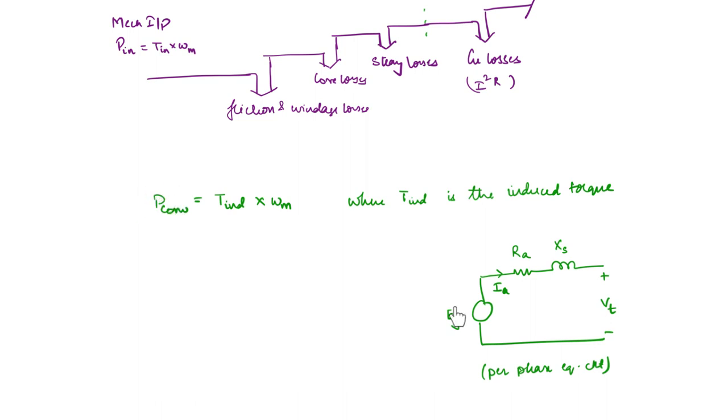This will be equal to this voltage and this current and the cos of the angle between them. So you can write P converted is equal to 3 times EG IA into cos gamma, where gamma is the phase difference between the generated voltage and armature current.